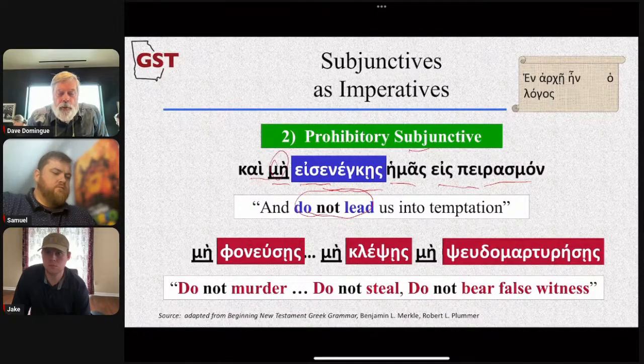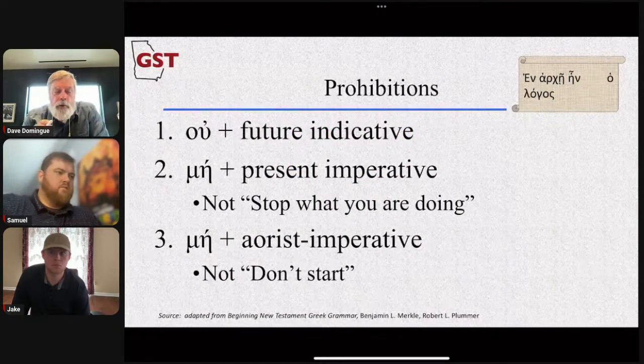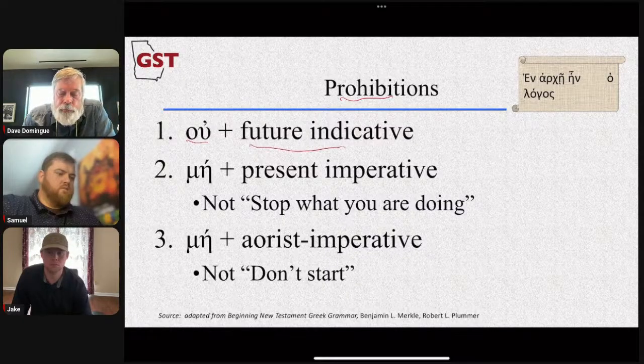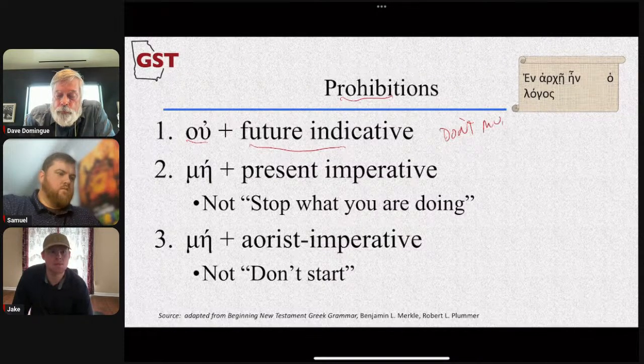There's the "not," the "lead into temptation," and on down the line. Okay, so here's the point. Prohibitions can be ou plus a future indicative, right? Don't murder. It can be mē plus a present imperative.